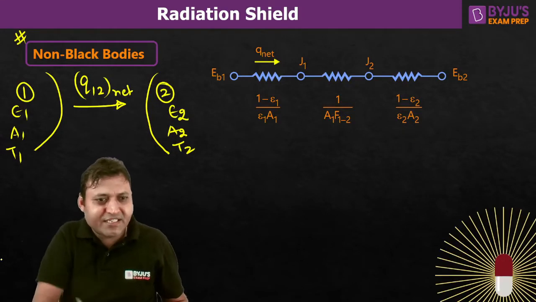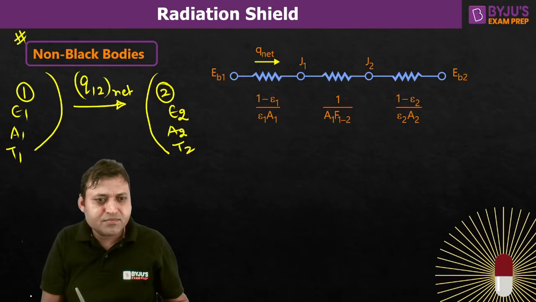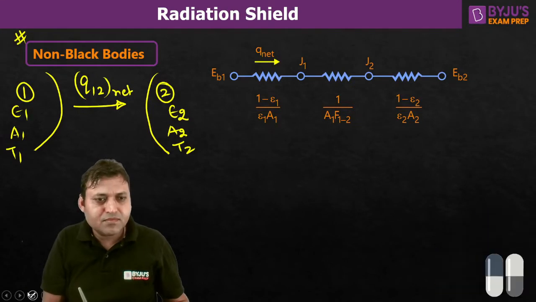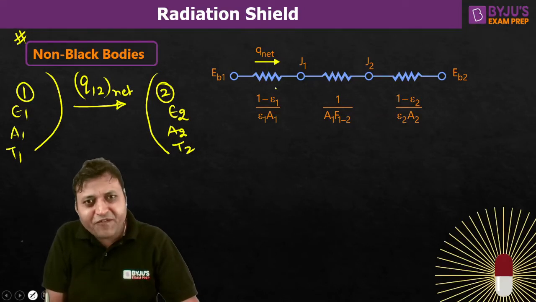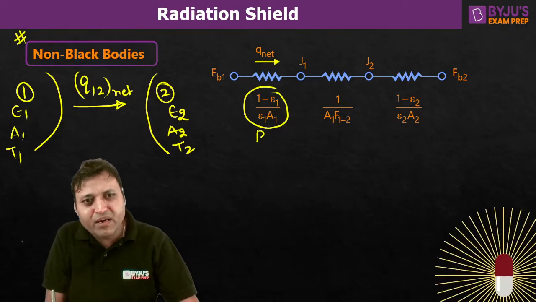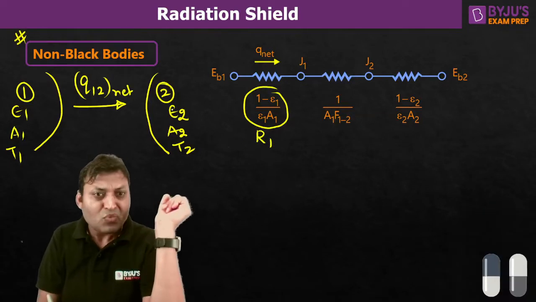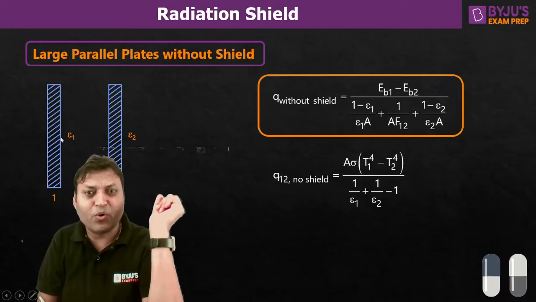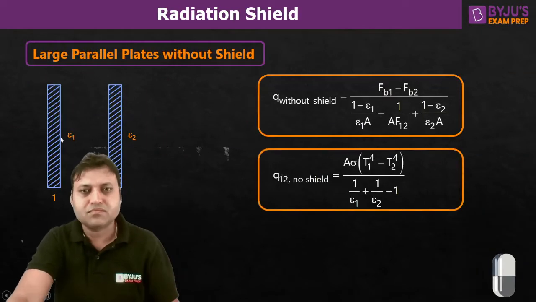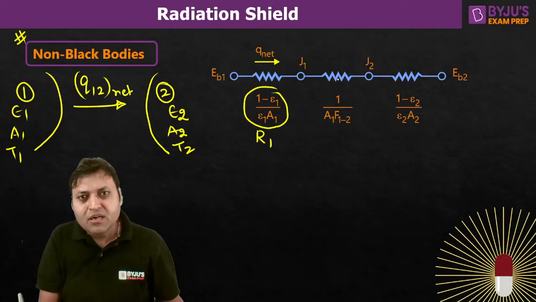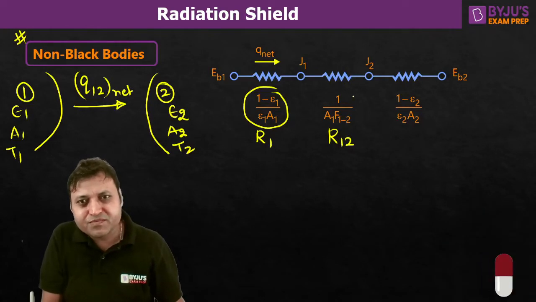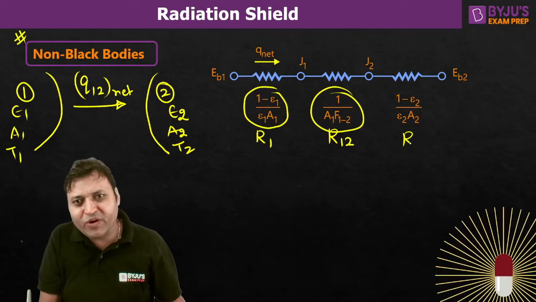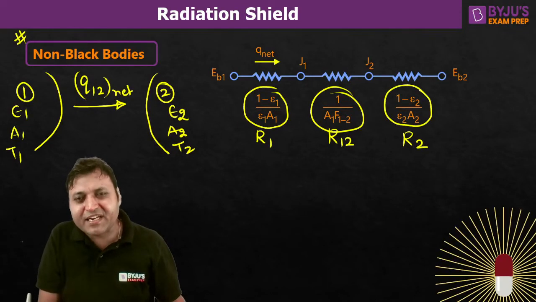R1 is the surface resistance, (1 minus epsilon 1) upon epsilon 1 A1. Then there is a space resistance between 1 and 2, that is R1 to 2, and the third one is again the surface resistance for body 2.